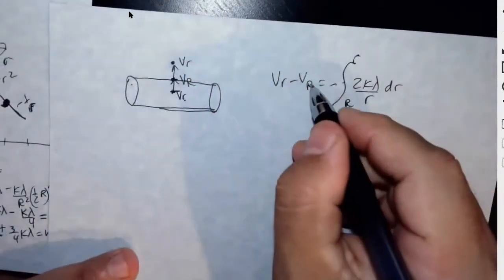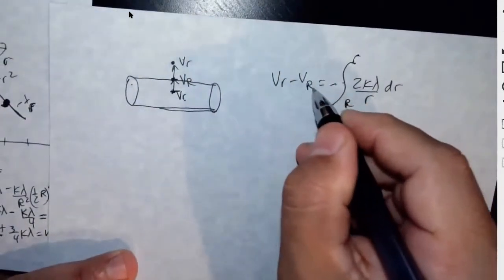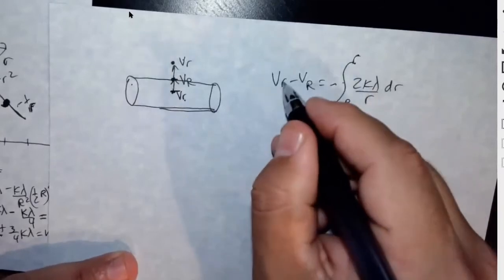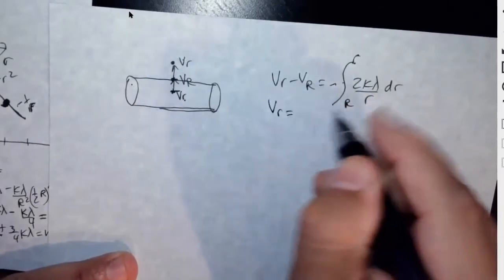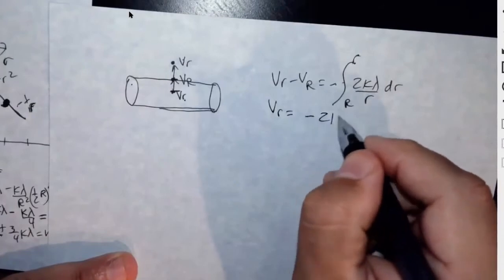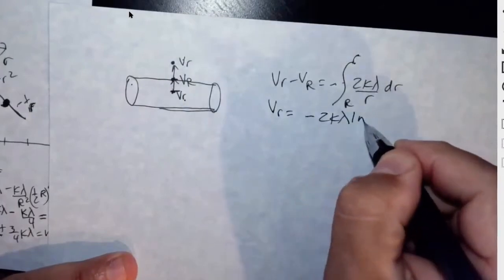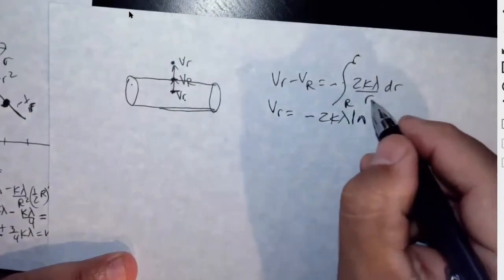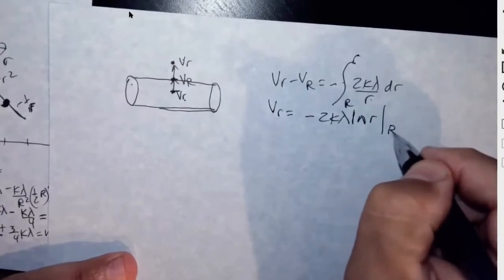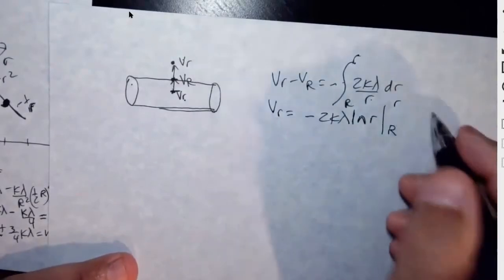So then I don't really care what V sub R is, remember? I'm trying to solve for V sub r. So negative 2k lambda ln of r from R to r, right?